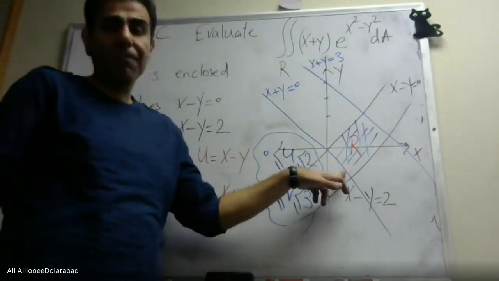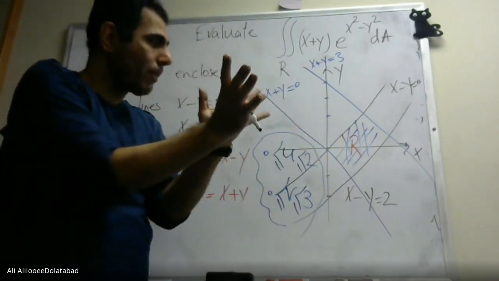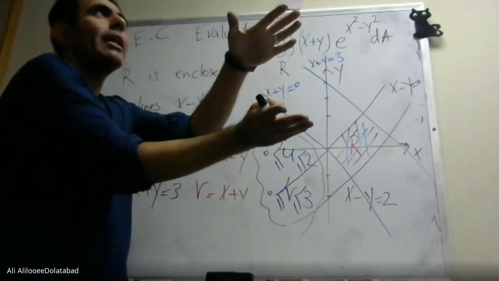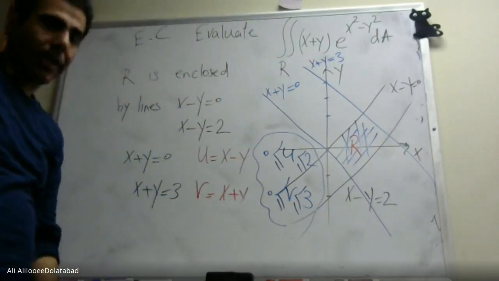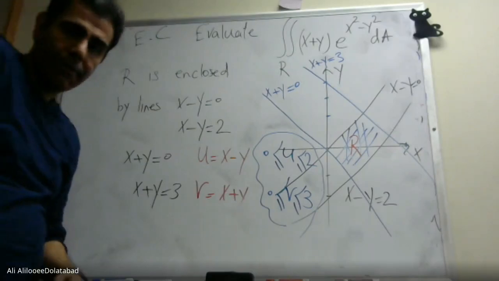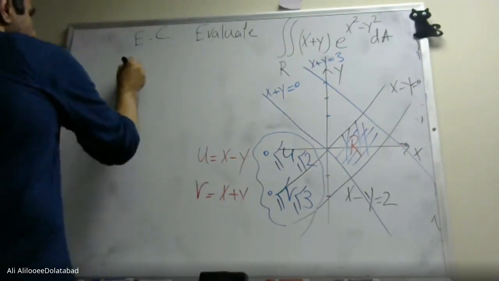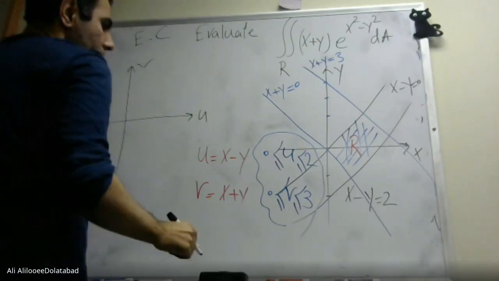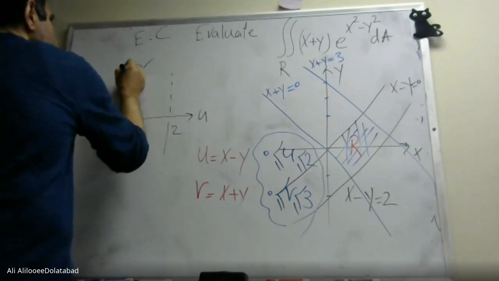Then see, you have this oblique rectangle in the xy plane, but by using this transformation, you can rotate and make it a nicer rectangle. Any question? See, if I delete this, I can say by using this transformation, in the uv plane, we have u between 0 and 2, v between 0 and 3.